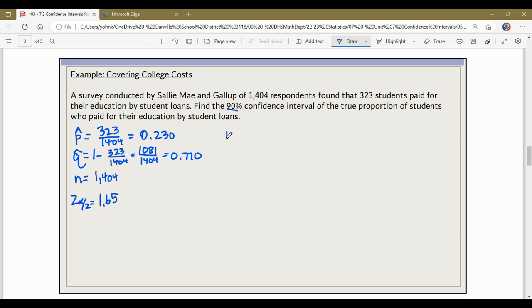So our confidence interval is p hat plus or minus our critical value z alpha over 2 times the square root of p hat times q hat over n.